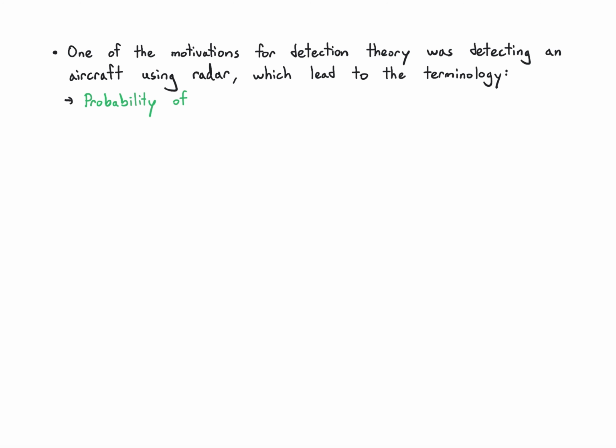There's the probability that we're going to call false alarm, and we're going to call that P sub FA. That's this thing, the probability that y falls into A1, given that H0 occurs. Think of H0 as the event that there is no aircraft, yet A1 is when you decide there is an aircraft. So if you decide there is an aircraft when there's no aircraft, that's a false alarm.